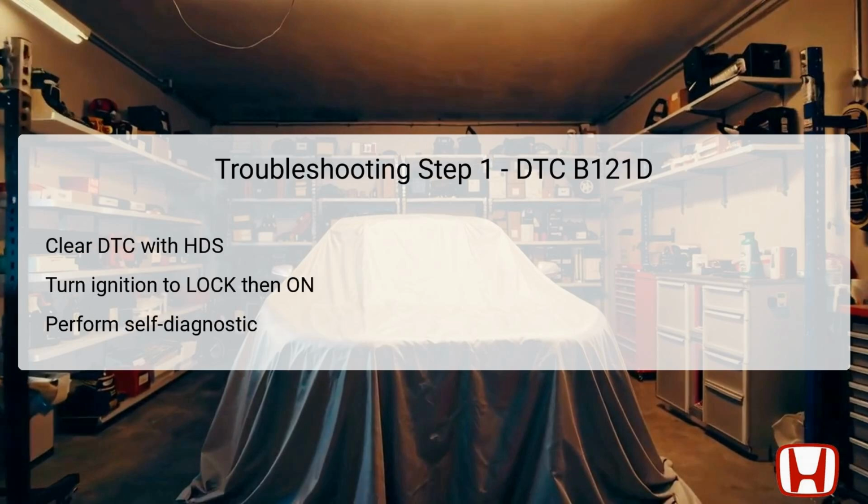The first troubleshooting step involves verifying the issue using the Honda Diagnostics System, HDS. Begin by clearing the DTC using the HDS, which helps reset the vehicle's diagnostic threshold and potentially clears any transient errors. Following this, turn the ignition switch to the lock position and then back on to facilitate the self-diagnostic process.